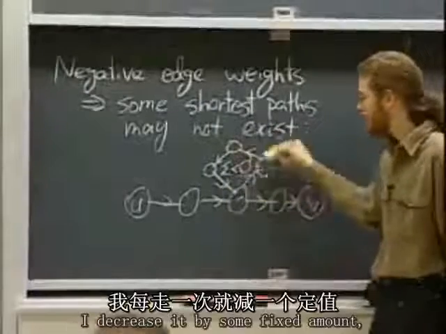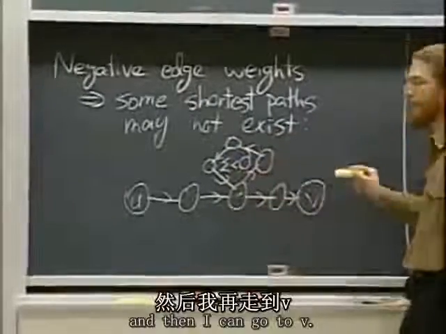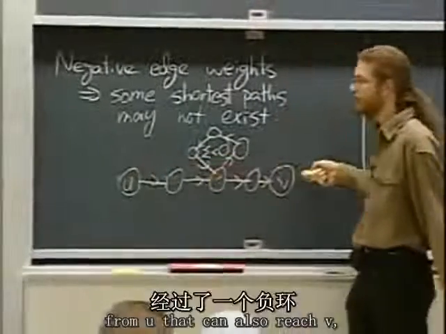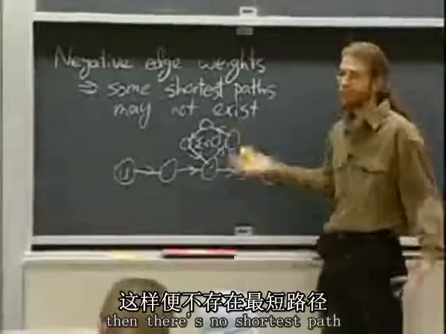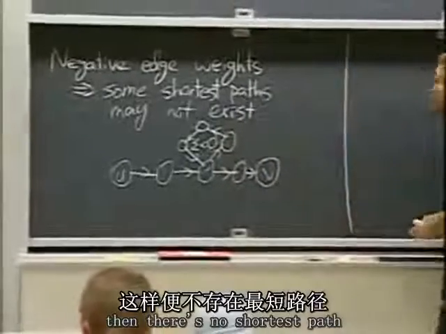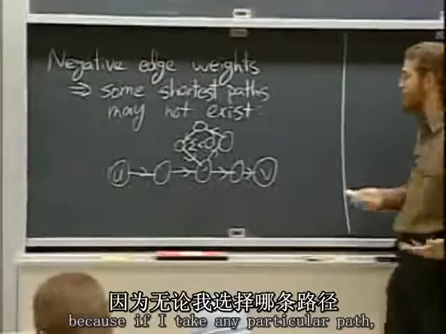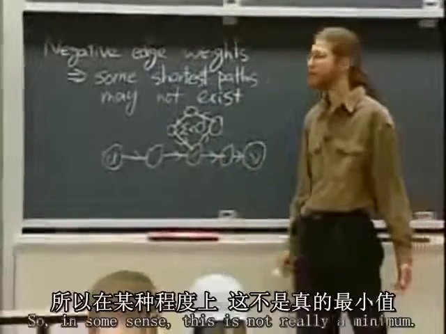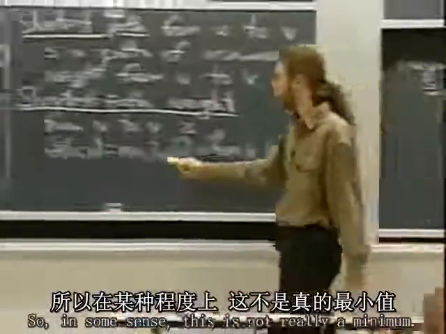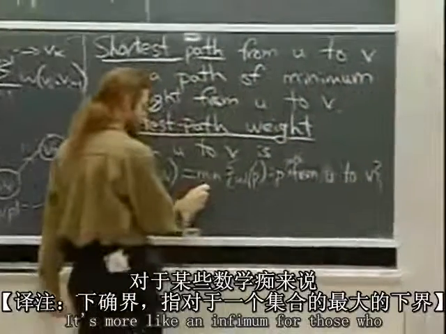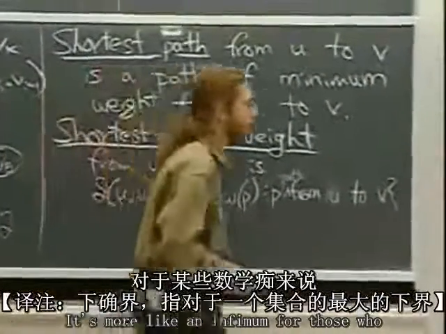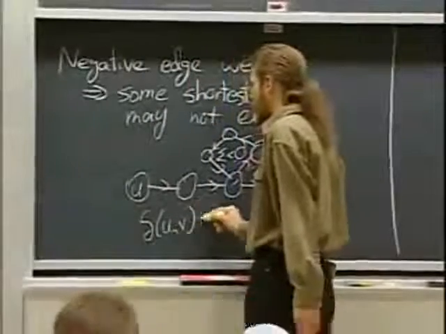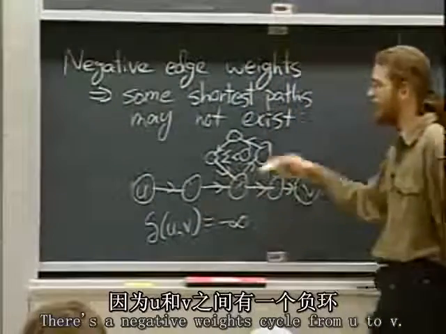I decrease it by some fixed amount, and then I can go to V. So as long as there's a negative weight cycle reachable from U that can also reach V, then there's no shortest path. Because if I take any particular path, I can make it shorter by going around a couple more times. So in some sense, this is not really a minimum. It's more like an infimum for those who like to get fancy about such things. But we'll just say that delta of UV is minus infinity in this case. There's a negative weight cycle from U to V.